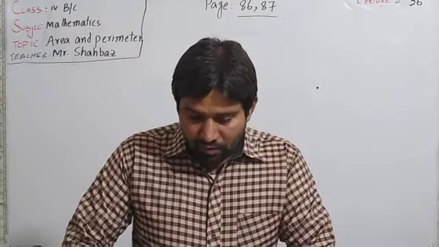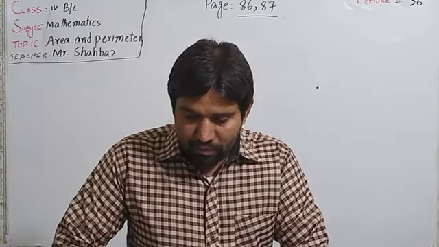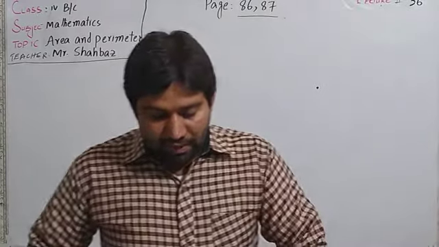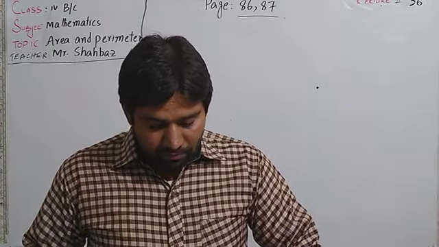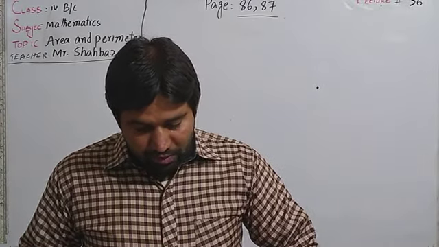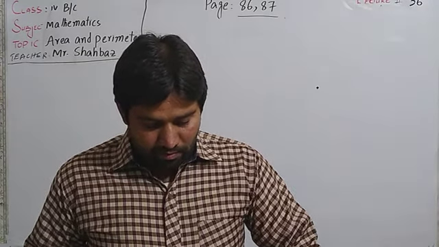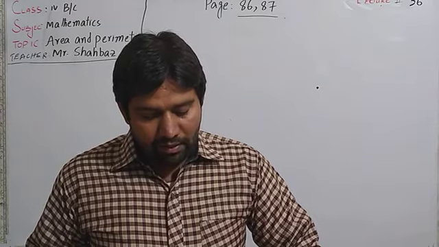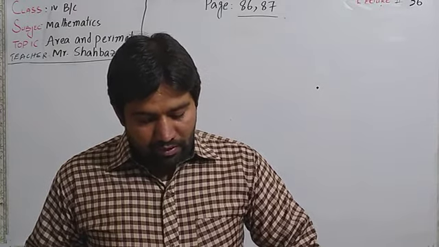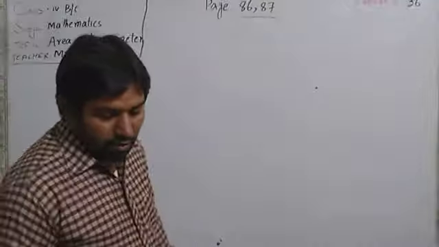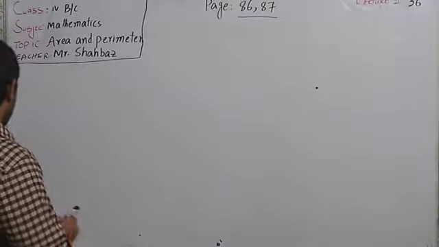In part B, the area is also given, we have to find the breadth. So we divide area by length, then we find the breadth. In part C, perimeter is given, so you have to divide 300 by 2 and then subtract 100, then we find its breadth. Part D I will do here. ABC is your homework, question 10.